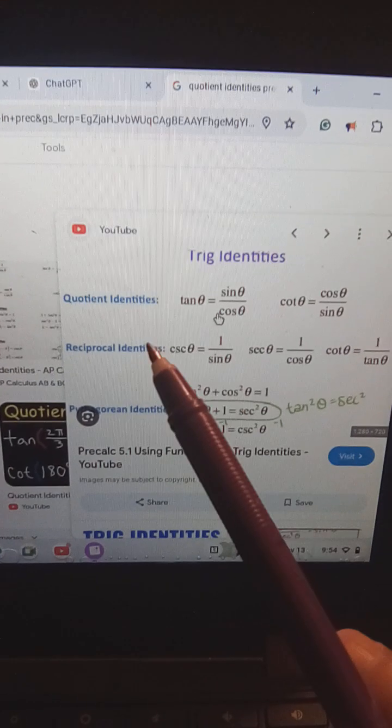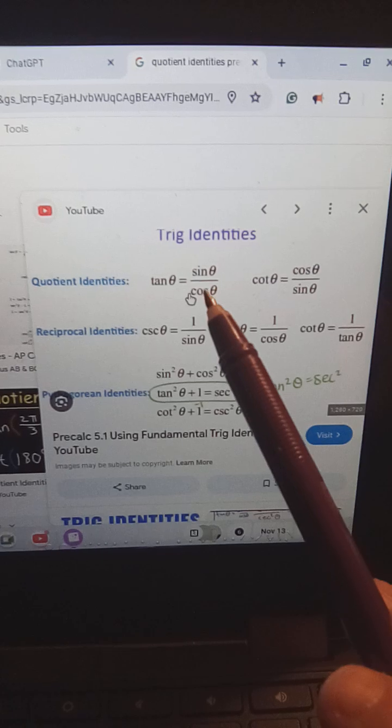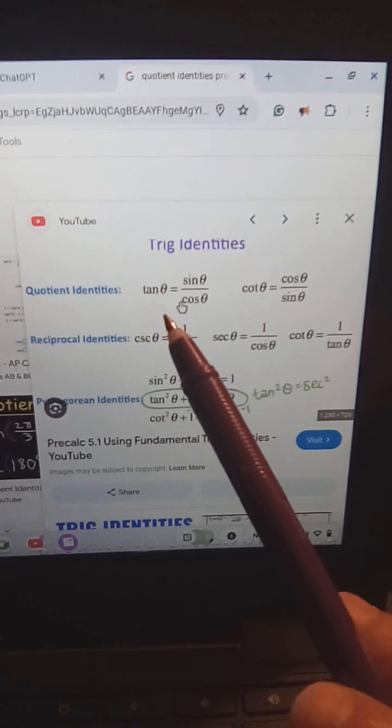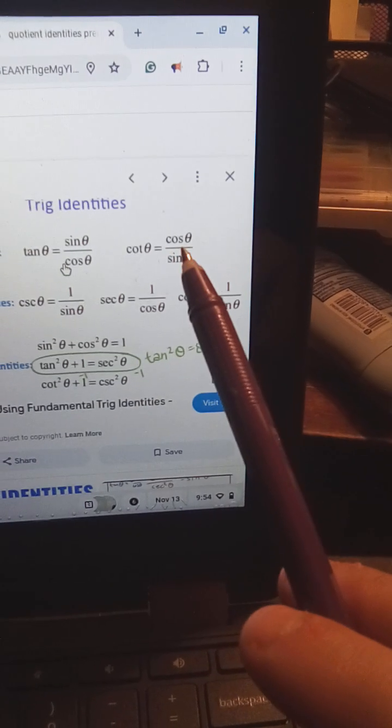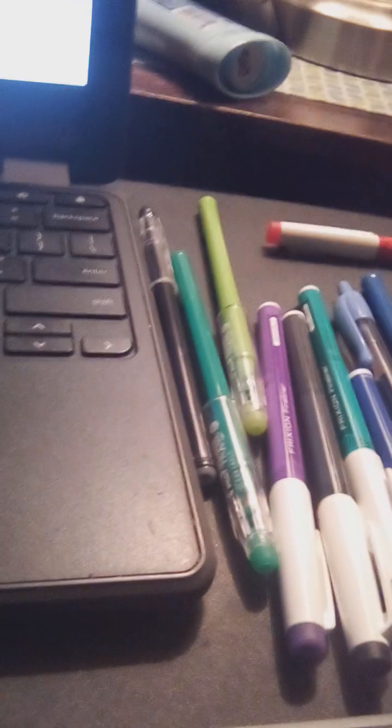So we have here the quotient identities, right? We have tangent theta, sine over cosine, that's one. But this is what we're looking for. We have cosine over sine, that would be what? Cotangent. Cotangent B. That is our final answer. I'll write this down.